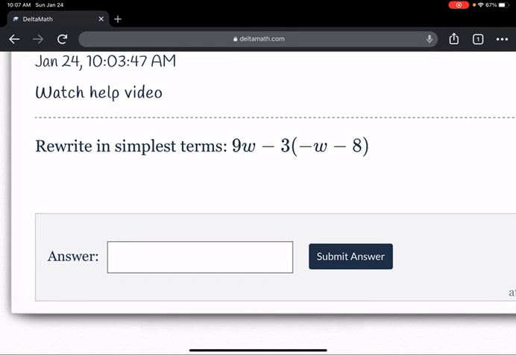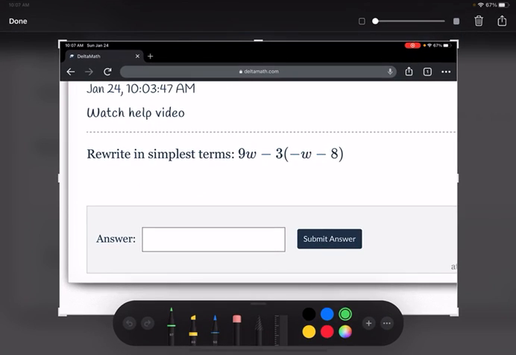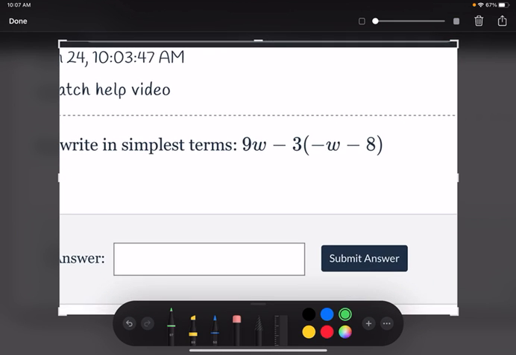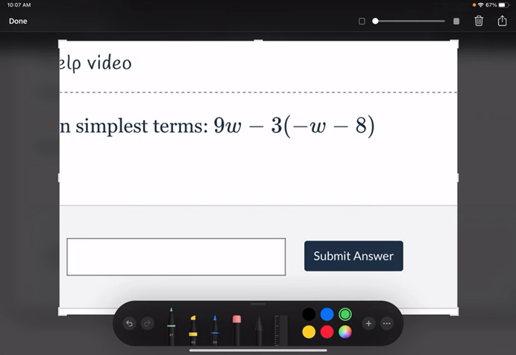We're going to rewrite this expression in its most simple terms. So what I need to do here is identify where I can use the distributive property. I have a -3 that I can distribute inside of the parentheses. So this statement would become 9w plus 3w, because -3 times -w gives me +3w, then -3 times -8 gives me positive 24.